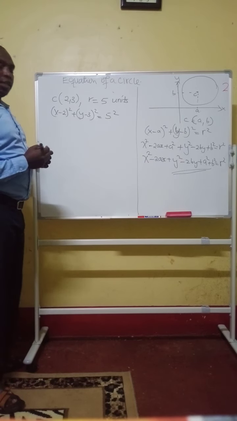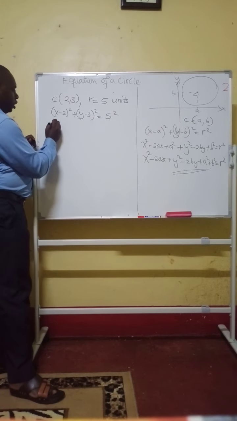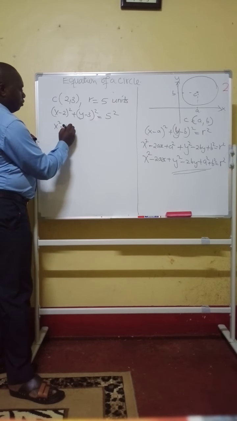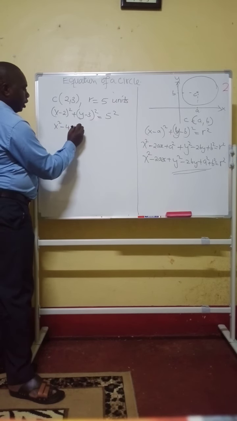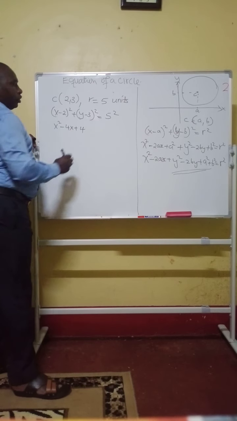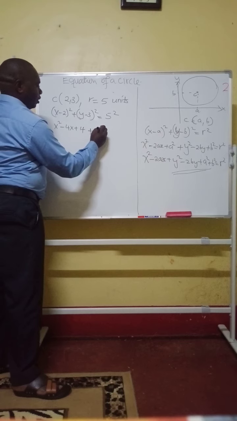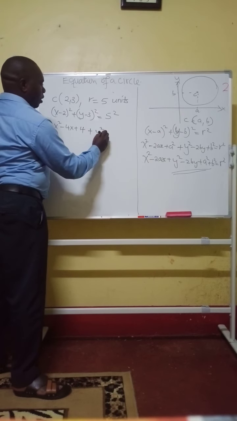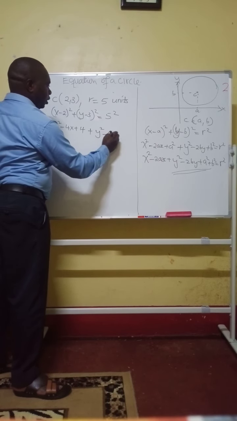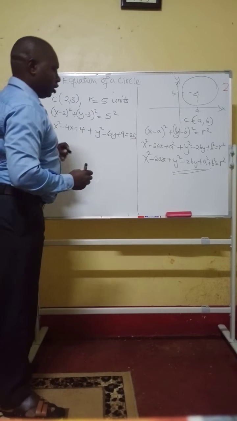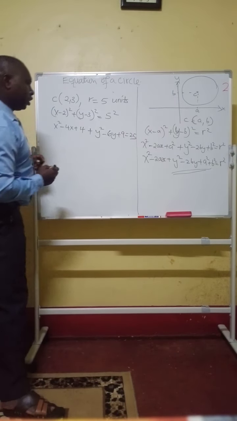And then we expand these terms so that we have x squared minus 4x plus 4 plus y squared minus 6y plus 9 is equal to 25.